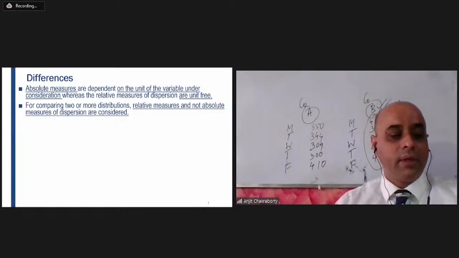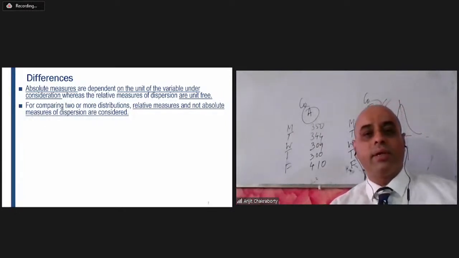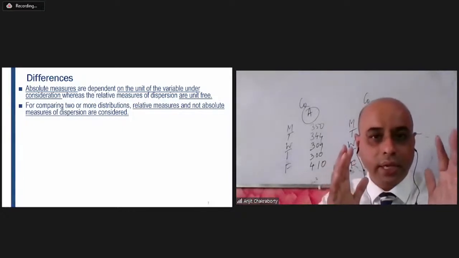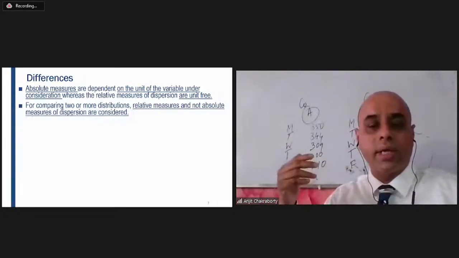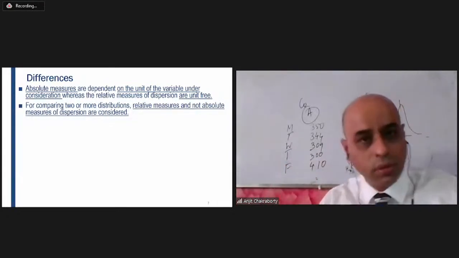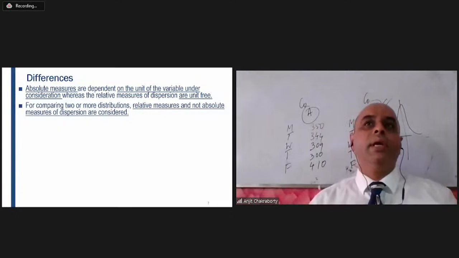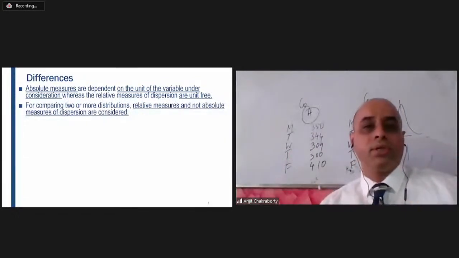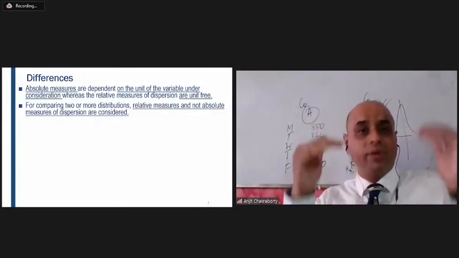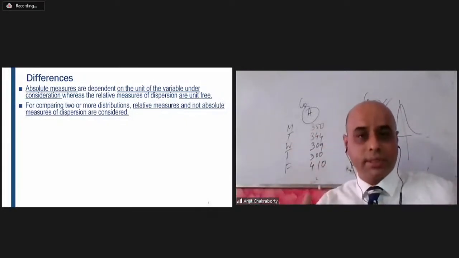Right. So you can see this is how we are finding out the relativity of two data sets, which one has higher variability, which one has lower variability. For example, in case of shares, it is always better if the company share has low variability, because that will reduce the risk.